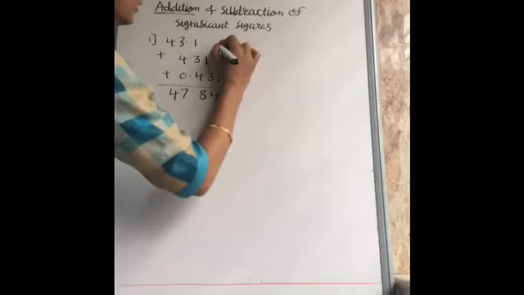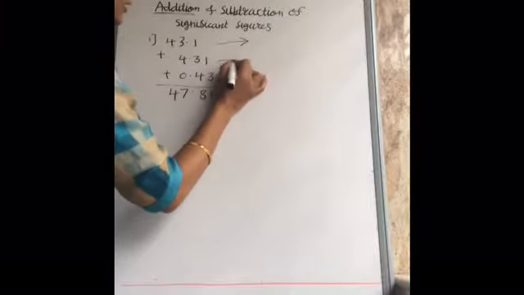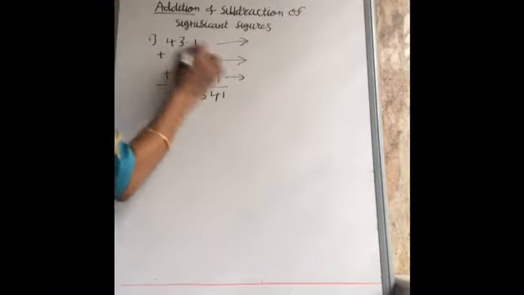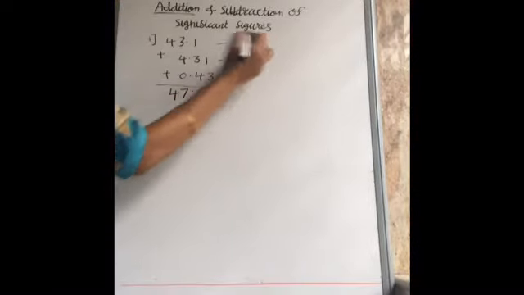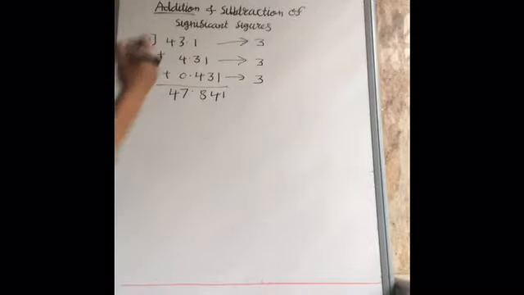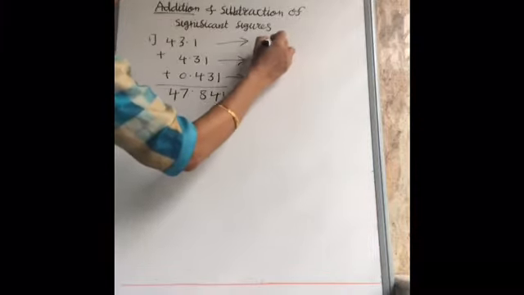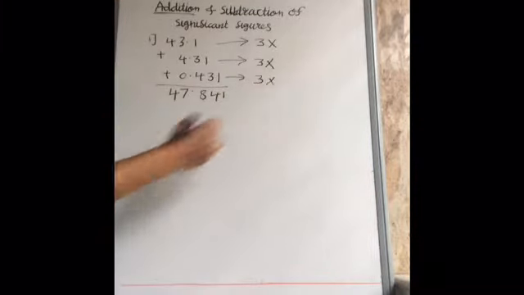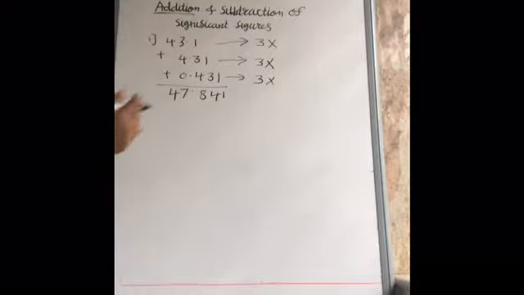If you count the number of significant figures in each case, here there are 3 significant figures, here 3 significant figures, here also 3 significant figures. But it does not matter how many significant figures are present in your given example.